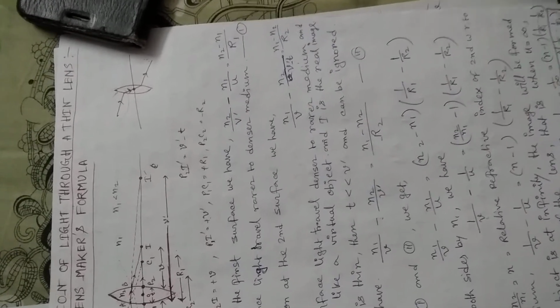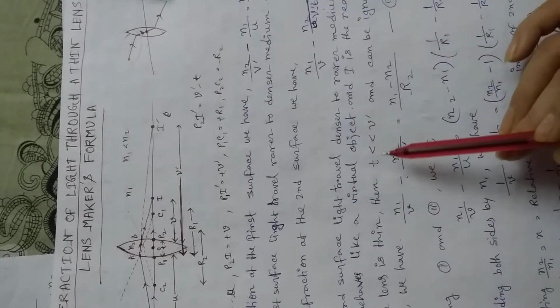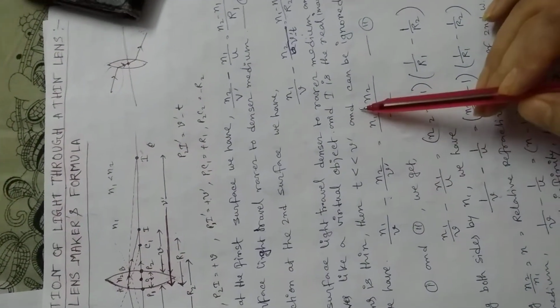Clear? Now for the second surface, light travels from denser to rarer medium, that's why N1 and N2 are interchanged, and I dashed behaves like a virtual object and I is the real image. If the lens is thin, then we can assume that T is much less than V dashed and can be ignored.